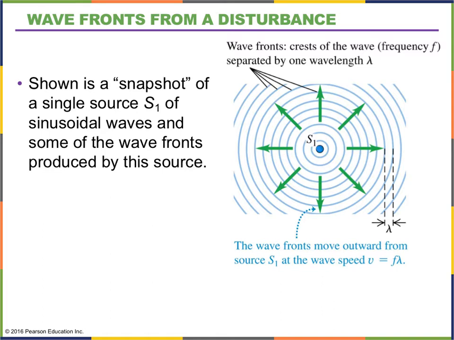And then we would see the ripples move out away from that source. The ripples are like the wavefronts; we would call the wavefronts the crests of the wave. And so we only see the crests produced in this picture. The distance between two adjacent crests would correspond to one wavelength.